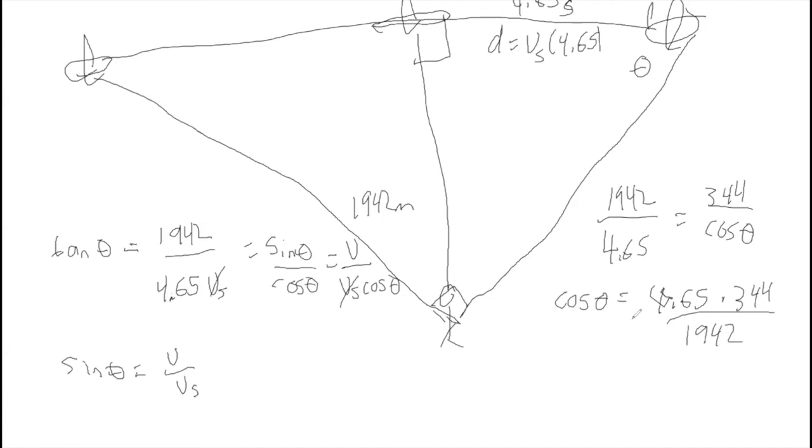Just cross multiplied. So then I can do inverse cosine of both sides and solve for theta. Get my angle. Once I get my angle, I can use this formula to solve for Vs. So Vs would be 344 divided by sine of theta. So it was quite a bit of work.